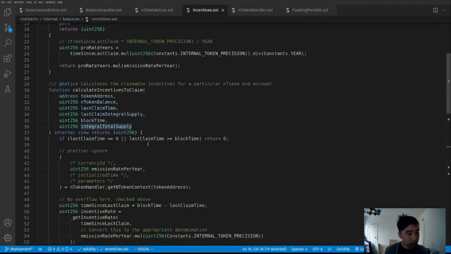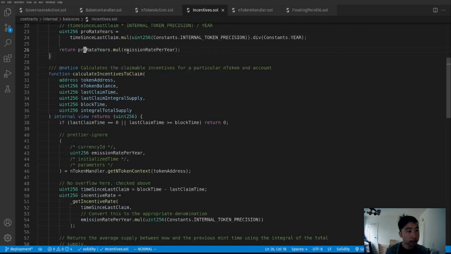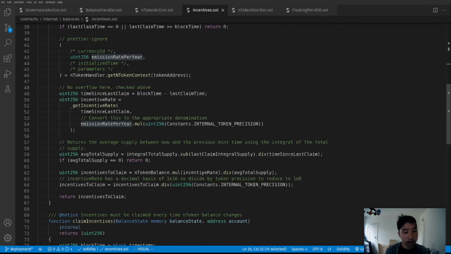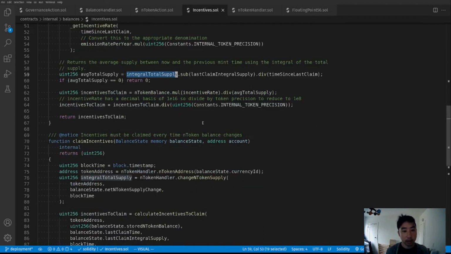So we get the incentive rate, which is the pro rata years since the last time this particular user claimed incentives, and then the emission rate over that year. So we're ensuring that we are in the correct denomination here. Now the average total supply is going to be the current integral total supply minus whatever the integral supply was the last time this user claimed, over the time since that last claim.